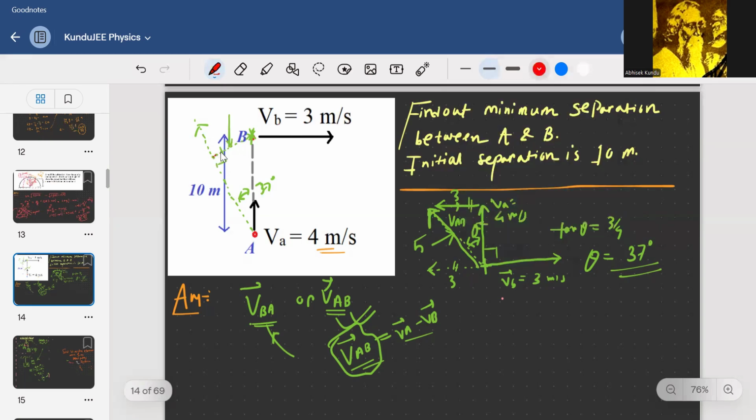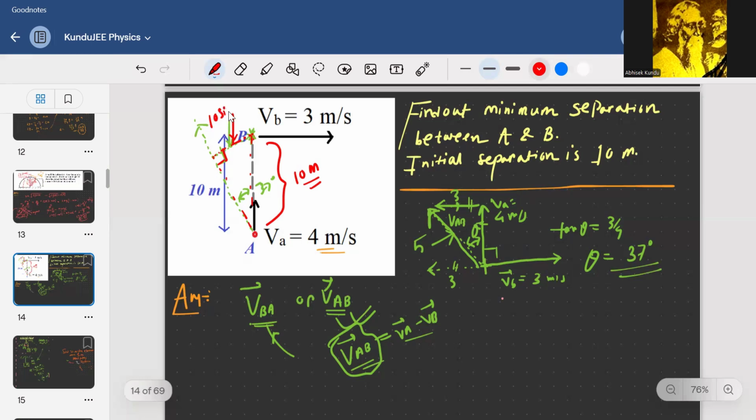So we can form one triangle where this angle is 37 degree. This is the initial separation, 10 meter. Now from this right angle triangle, you can find out what this one is. This is 10 sine 37.